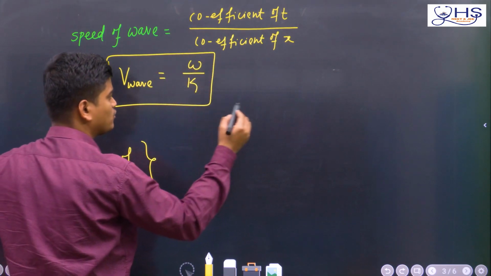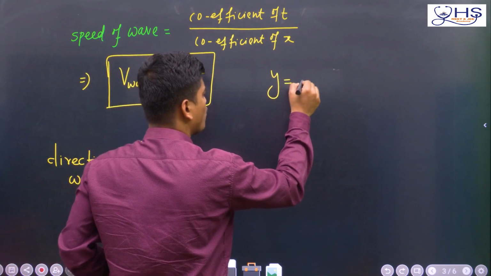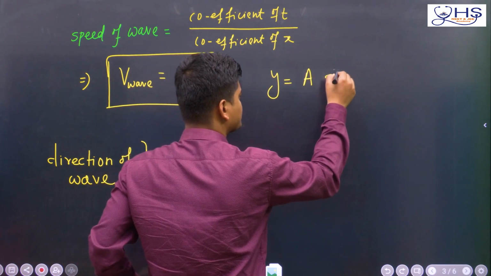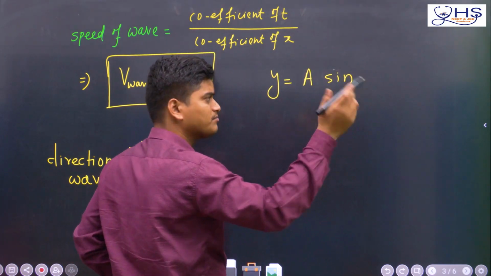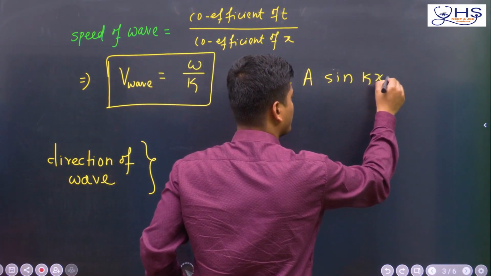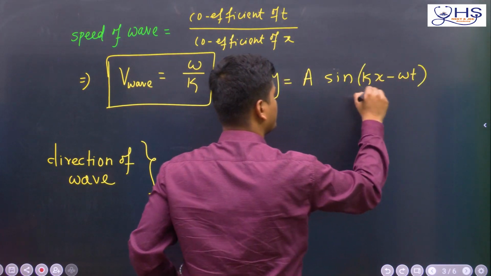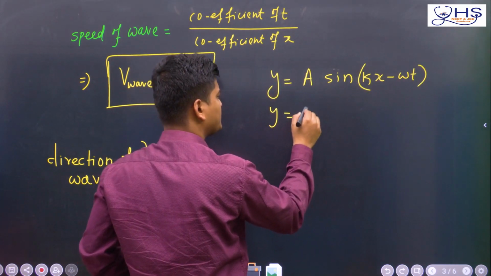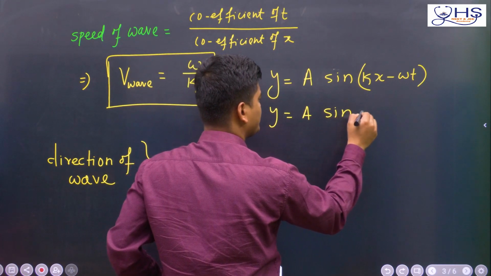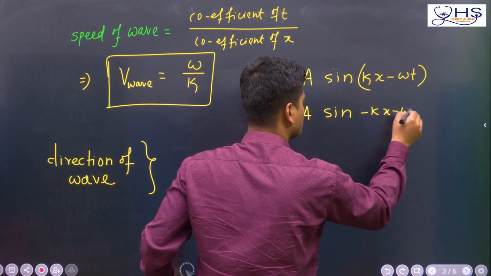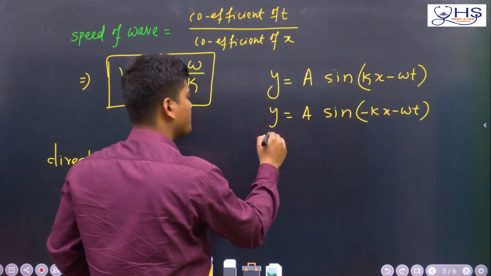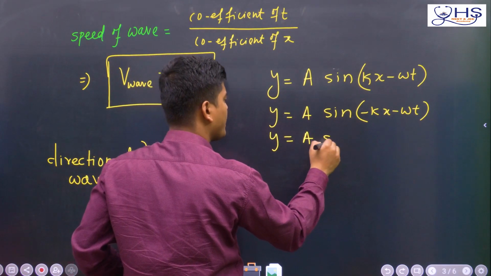Now you see, I told the general equation can be y equal to a sin plus or minus kx, but particularly sometimes it will be given as kx minus omega t, or it can be given like this, y equal to a sin minus kx minus omega t.